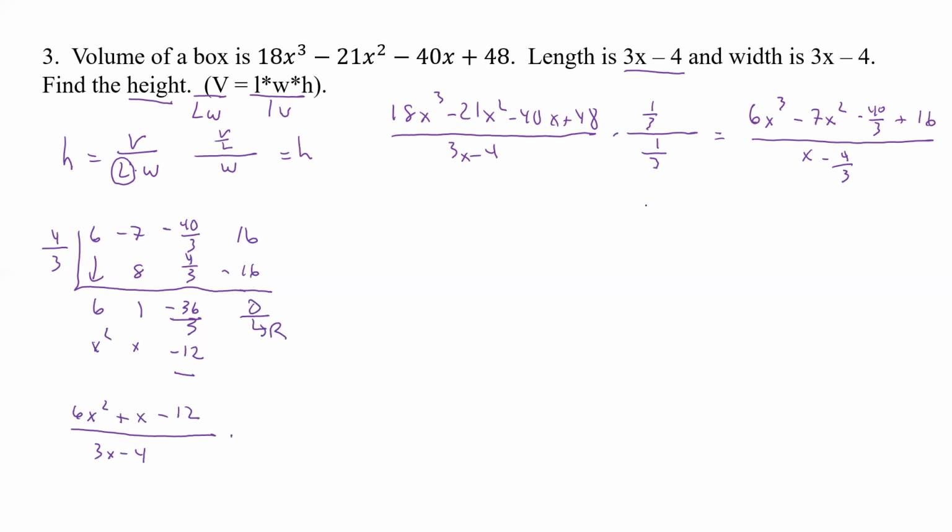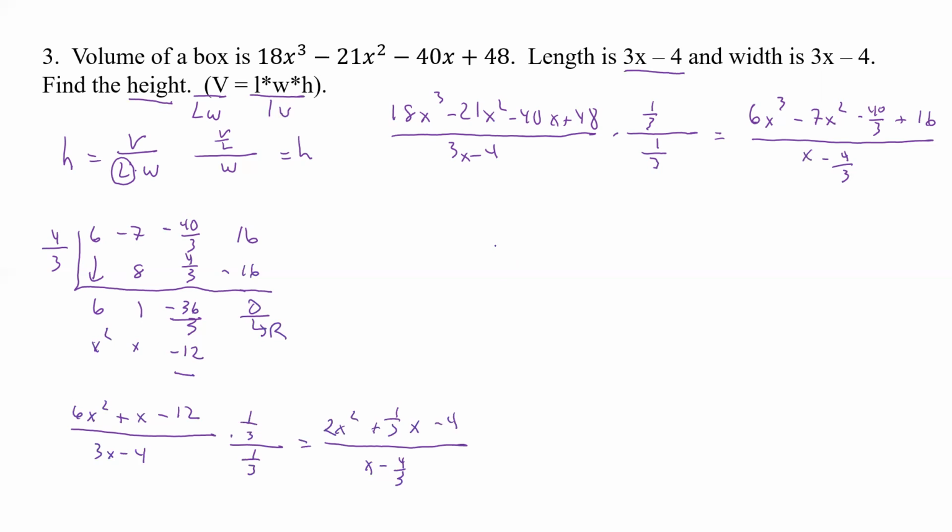So what does that mean? We have to do this whole process again. Multiply by 1 over 3 over 1 over 3. Now 6 divided by 3 is 2, so it's a 2x squared. 1 divided by 3 is 1/3, so it's going to be plus 1/3 x. And 12 divided by 3 is 4, so minus 4, all over x minus 4/3.